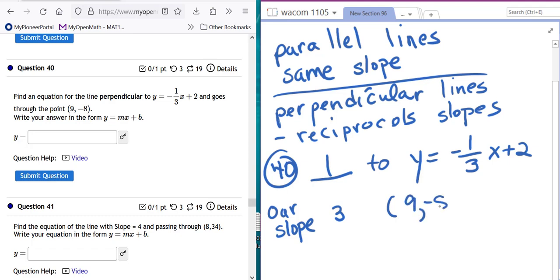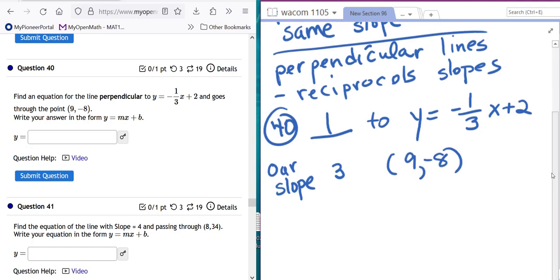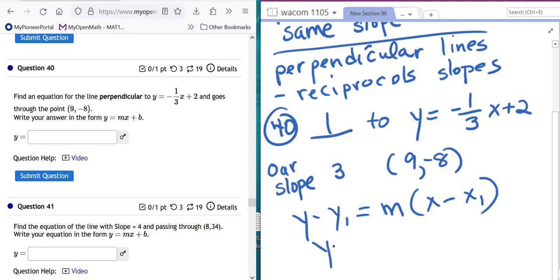Then we have a point, 9, -8. We go back to the point slope form, y minus y1 equals m times x minus x1. So y minus a -8 equals 3 times x minus x1.